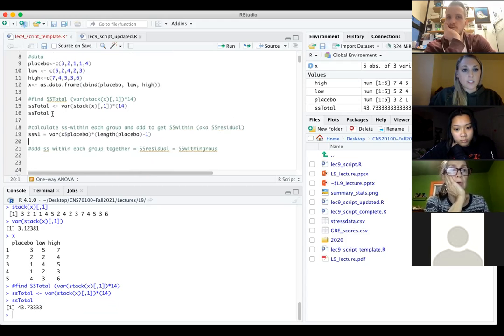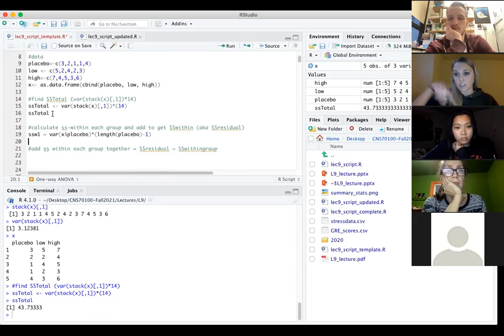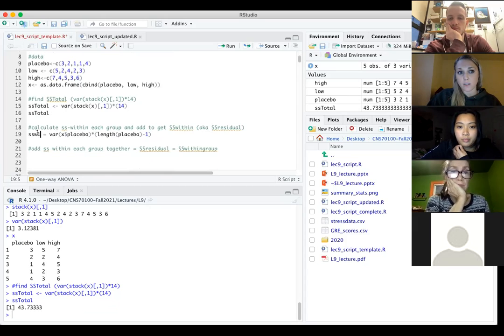And then if I want to calculate the sums of squares within a group, this is my sums of squares error. Remember, this is the variance I cannot explain. So I have to do it within each group and then add all those together. I'm just going to call this sums of squares within, that's what the W stands for, 1. So this is for the first group. I'm going to get the variance of my placebo and multiply it by however many people are in my placebo group.